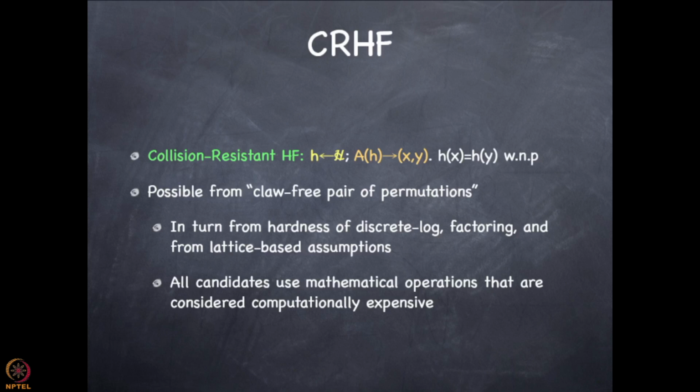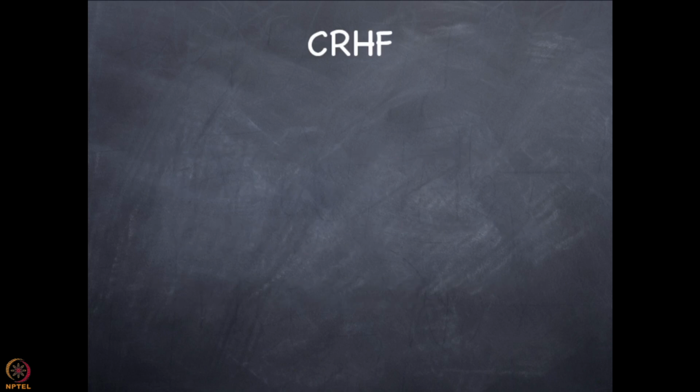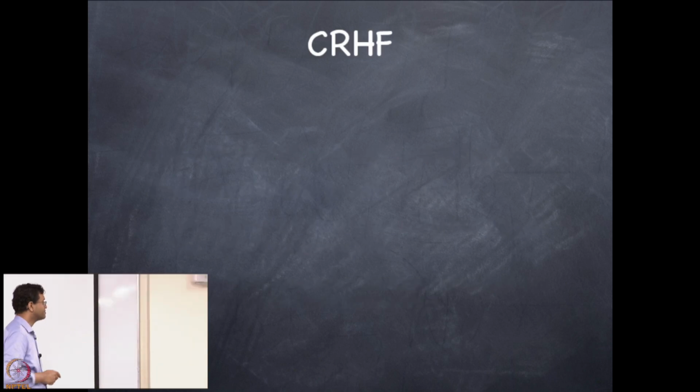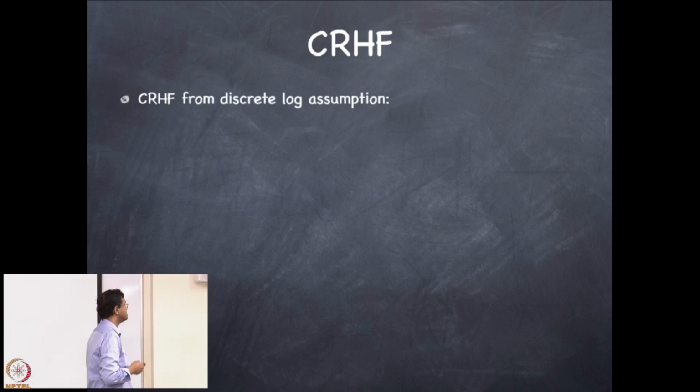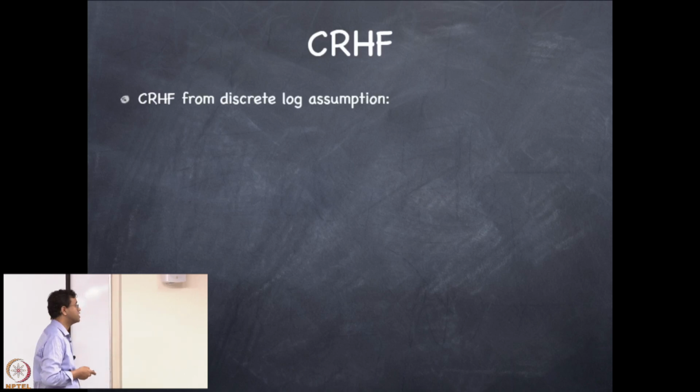But these are not used in practice as much as general purpose hash functions because they are expensive. They have some further nice properties that will be used in some applications, but not in the ones we are going to talk about. Still, I want to show you one of those constructions, and that is a collision-resistant hash function from discrete log.